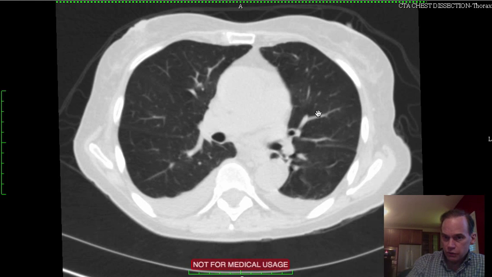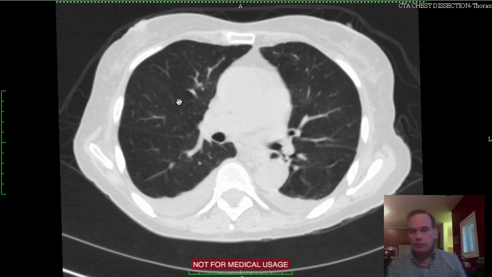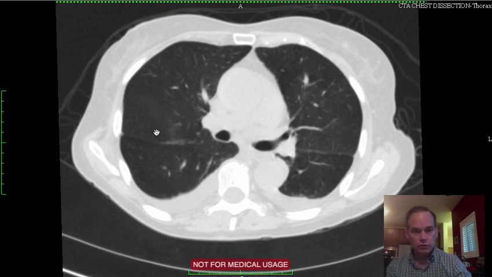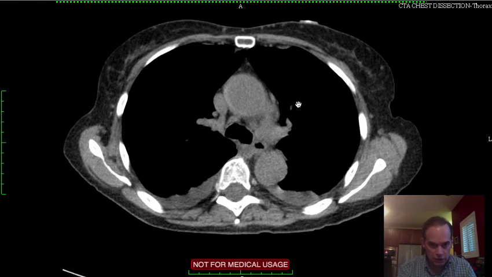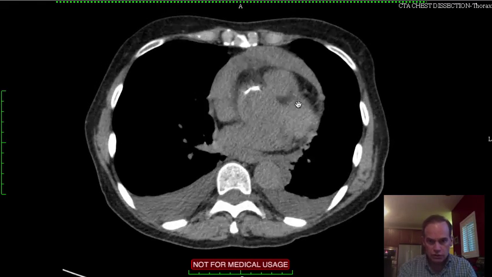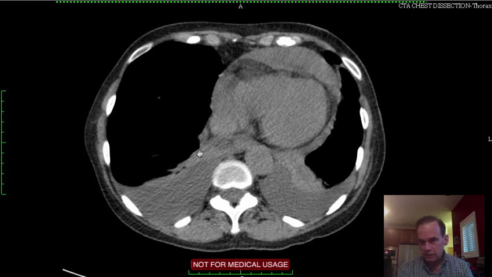So the backup pressure can cause this very mild patchy pulmonary edema, and also the pleural effusions that we're seeing here bilaterally, and these are moderate-sized pleural effusions with adjacent compressive atelectasis.